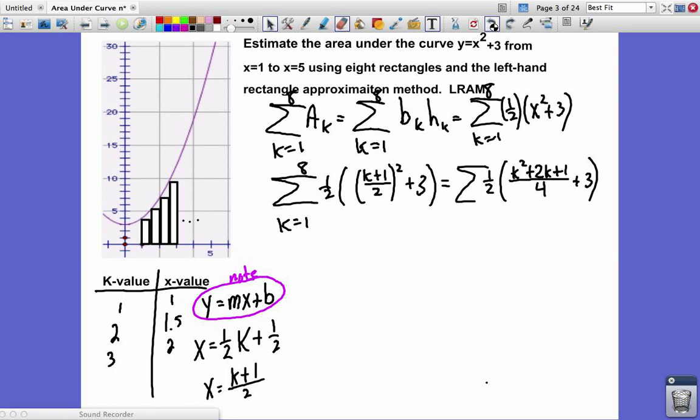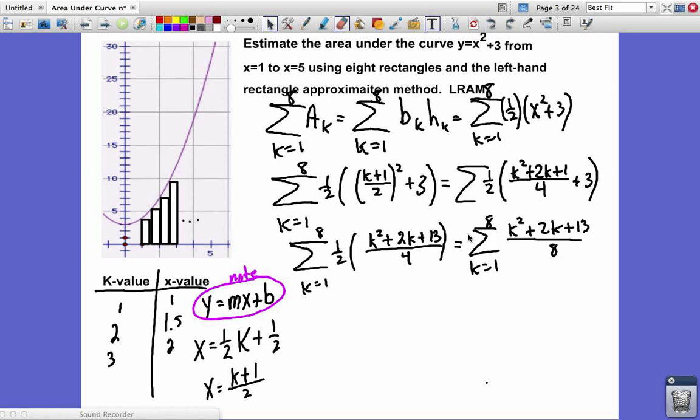Combining some things here, in order to add the 3, we'd have to get a common denominator. So this becomes 12 over 4, and 12 over 4 plus 1 over 4 is 13 over 4. So k squared plus 2k plus 13 over 4 still times the 1/2. So at this point we could distribute the 1/2 to make this whole fraction over 8, and at this point we want to break apart the fraction.